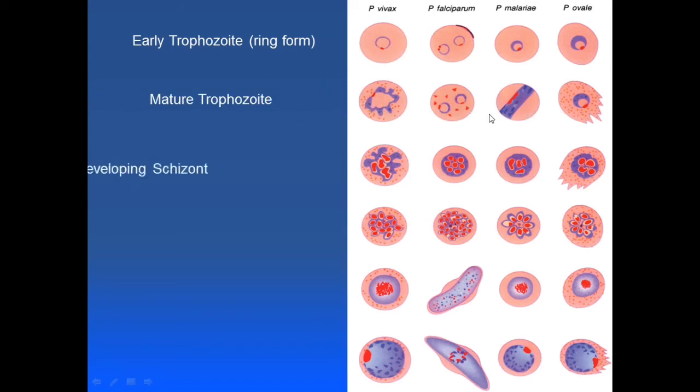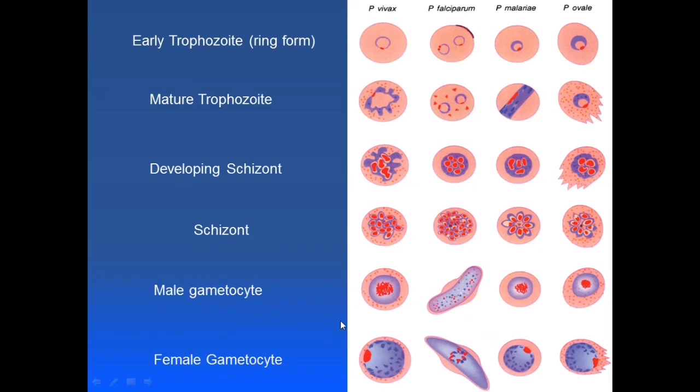Then we studied the developing schizont, where the nucleus divides and the cytoplasm gets around it, with different arrangements in the different Plasmodium species. As a result, the schizont forms. The schizont liberates merozoites, and some of these merozoites form micro and macro gametocytes.